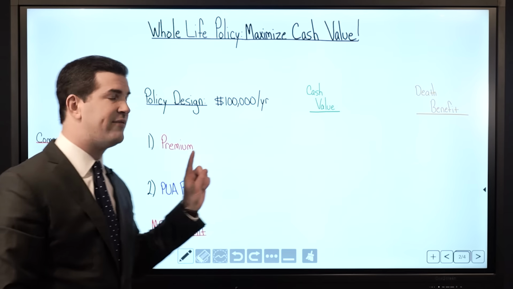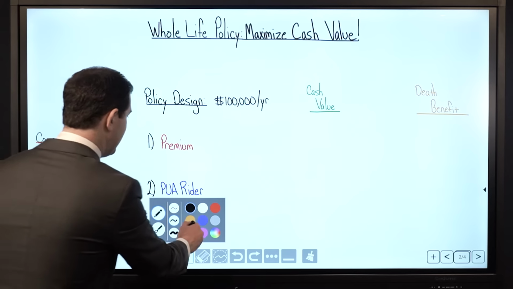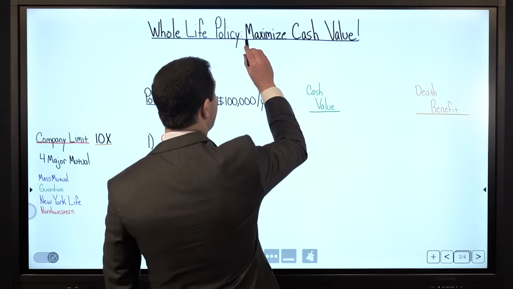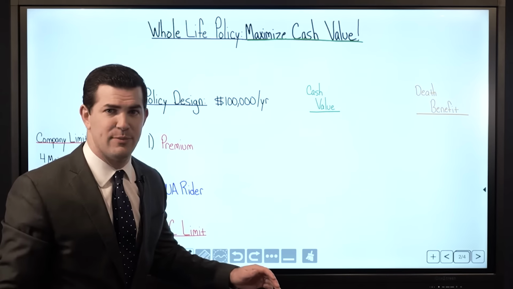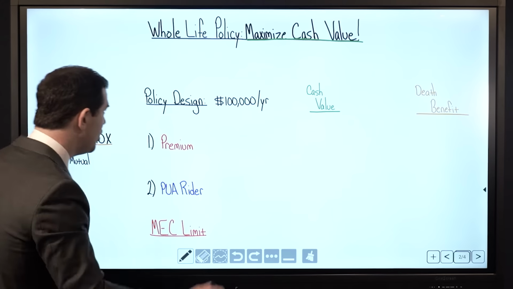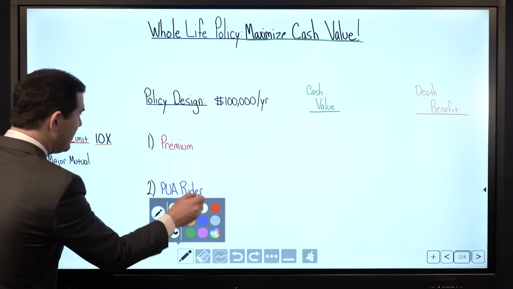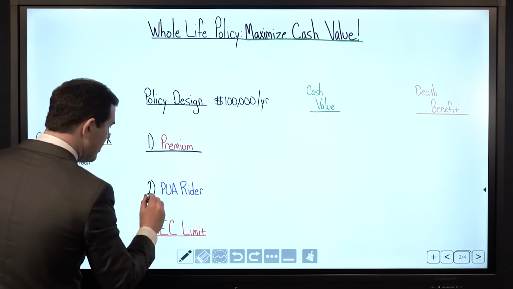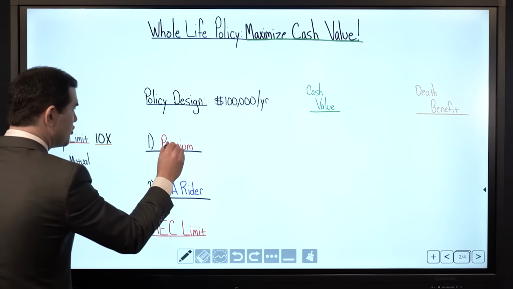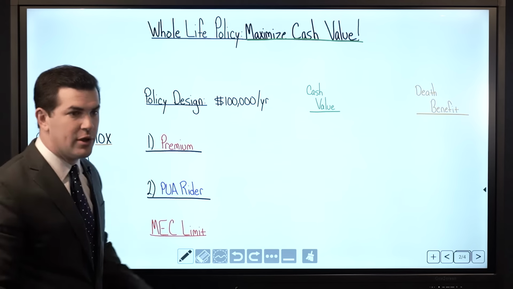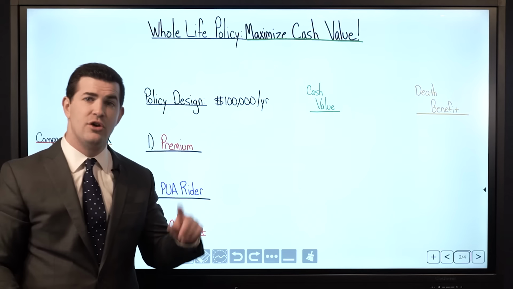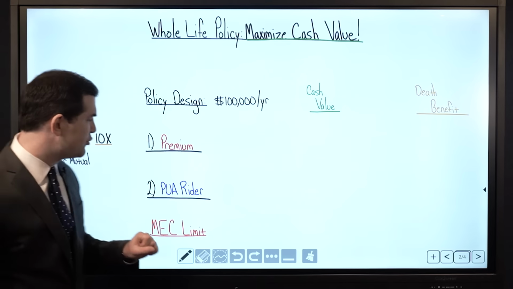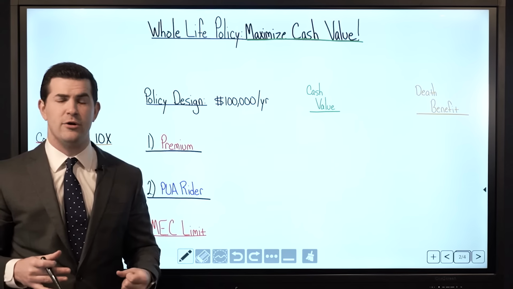However, with a whole life insurance policy, specifically when someone is interested in maximum cash value, you may feel that you don't care about the death benefit. We hear that all the time. You can choose where your money goes between these two areas. I can decide if my money is directed toward the insurance premium, which I'll refer to often as the initial insurance expense, or if your dollars are directed toward this PUA rider.